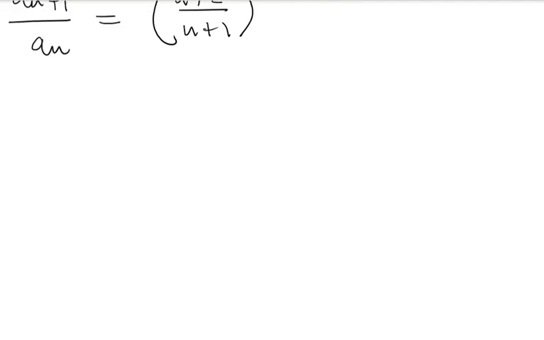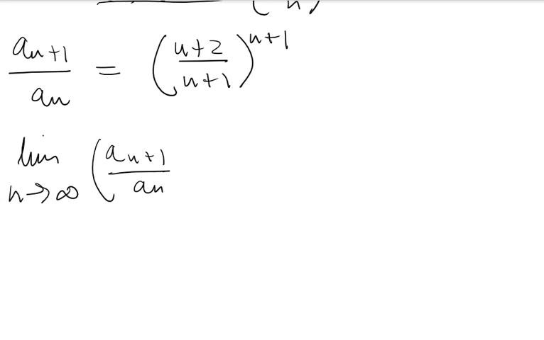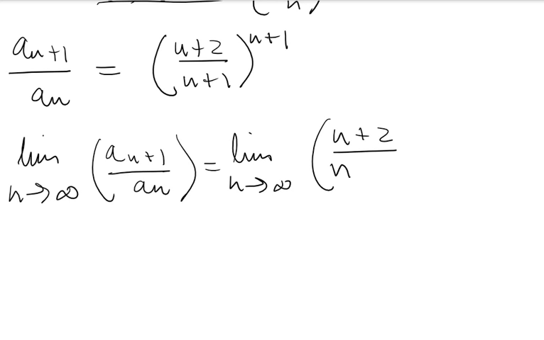Now from here we need to write limit n tends to infinity of a n plus 1 by a n is equal to limit n tends to infinity of n plus 2 by n plus 1 whole to the power n plus 1.